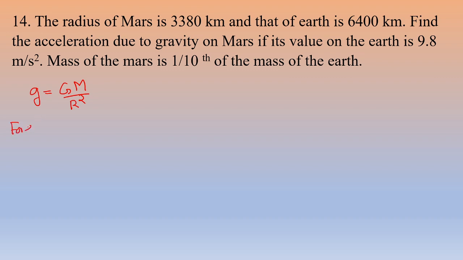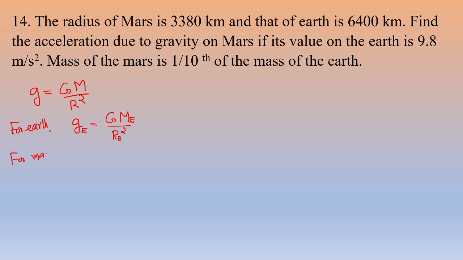So for the Earth, gE is equal to capital G, that is the universal constant, times ME divided by RE square.